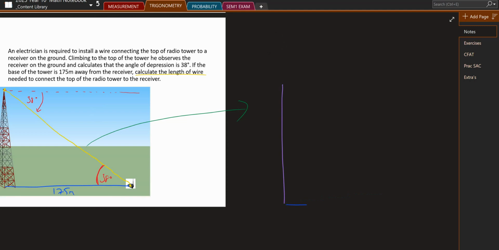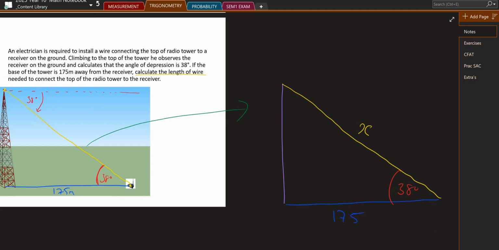Here's the base of the tower to the receiver, and this is the wire we're looking for. So we're looking for this length of wire. This angle here is supposedly the same, so it's 38 degrees, the same as that depression angle there. And the distance from the base of the tower to the receiver is 175 meters.